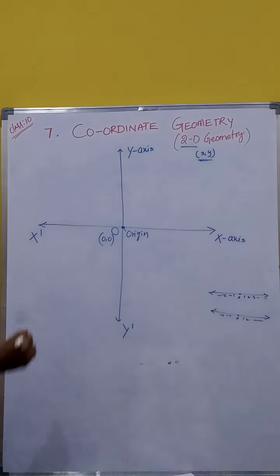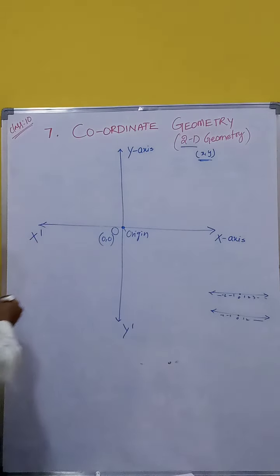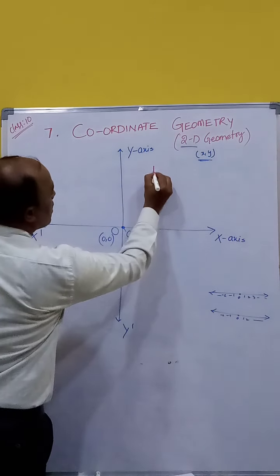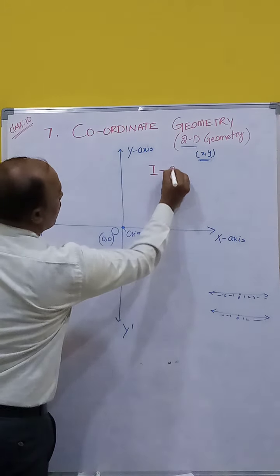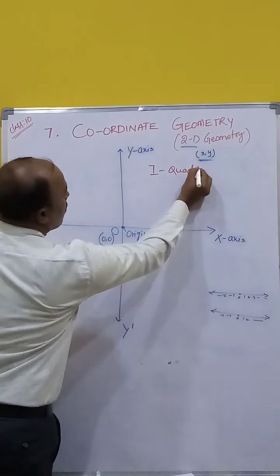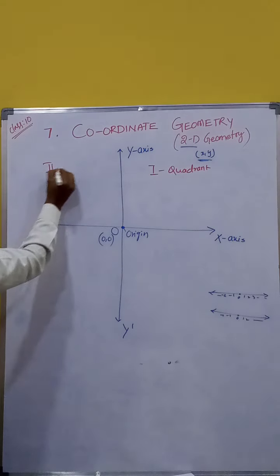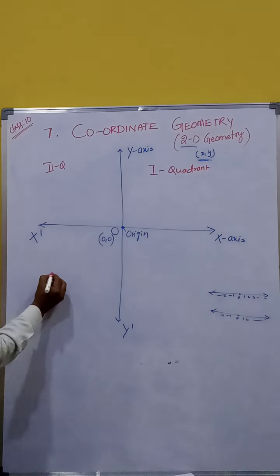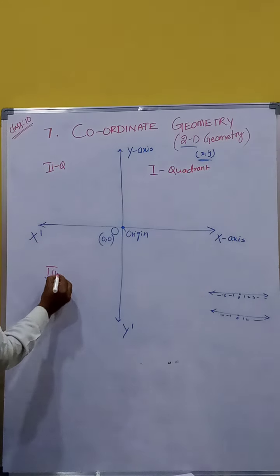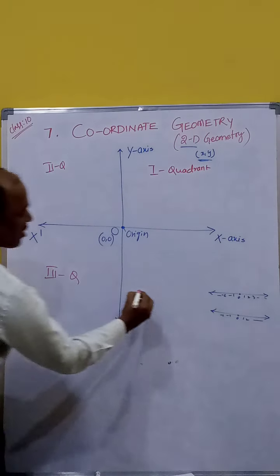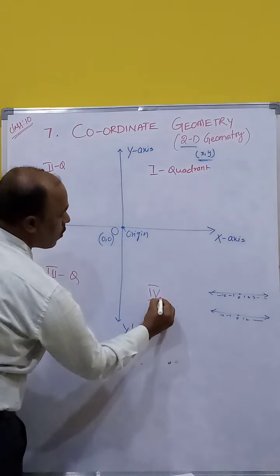The first part is called the first quadrant, the second is the second quadrant, the next is the third quadrant and the last is the fourth quadrant.